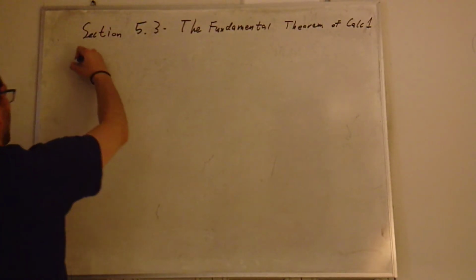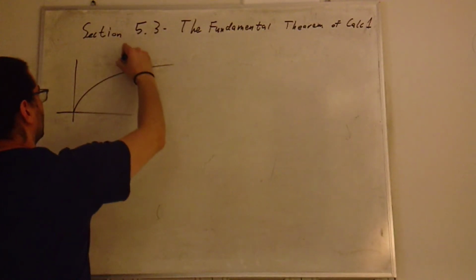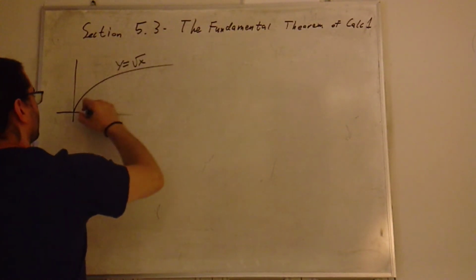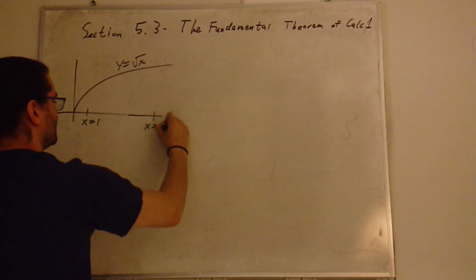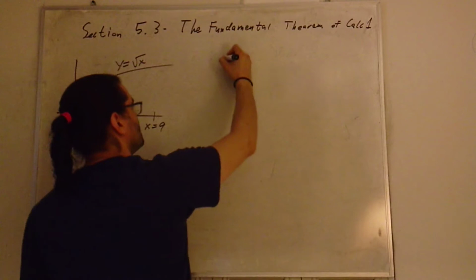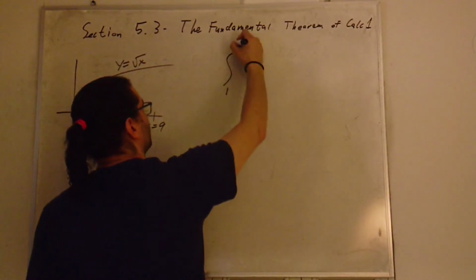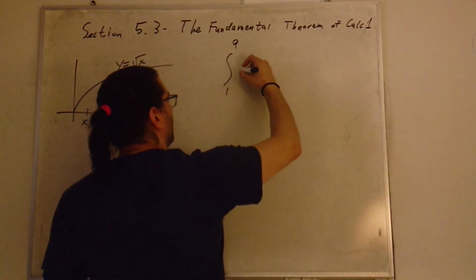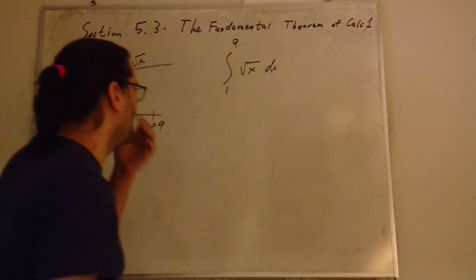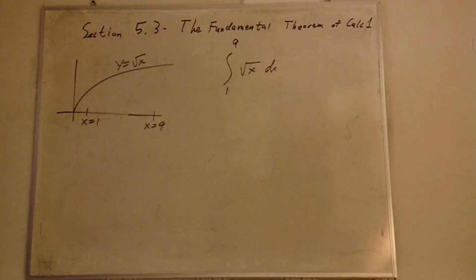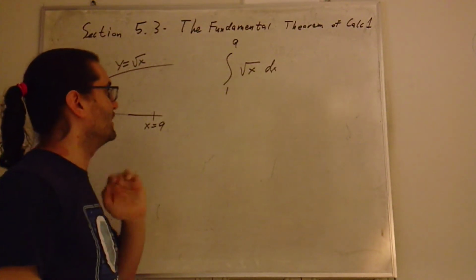I want to know how much area is below a square root graph between x equals 1 and x equals 9. So I'm going to do the definite integral from 1 to 9 of square root x dx. And I can find this by taking an antiderivative of root x and then evaluating it.